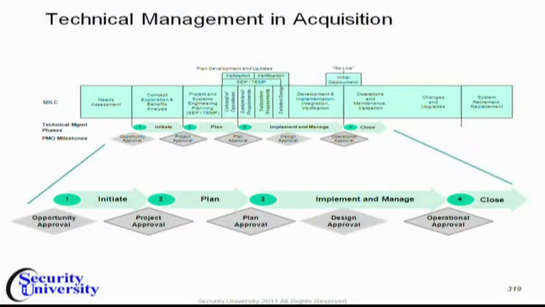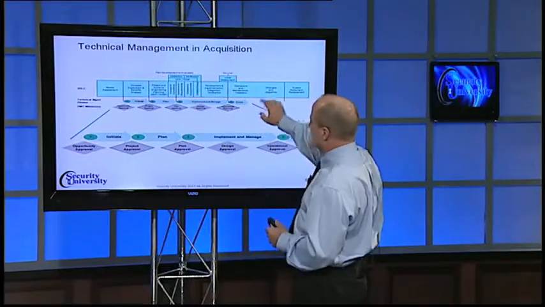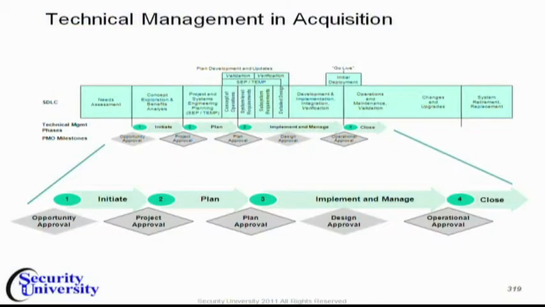So let's talk about technical management in acquisition. You can see from this slide that there is a system development lifecycle that has specific system engineering steps. For example, the initiation of the project and then the planning around the project occurs here, and then you see some of the verification and validation steps here.